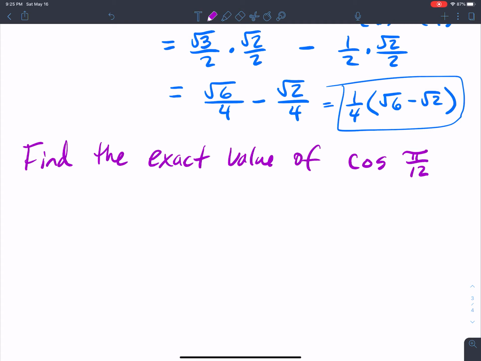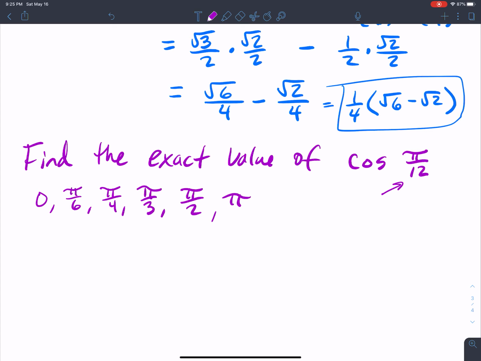We know 0, we know pi over 6, we know pi over 4, we know pi over 3, we know pi over 2. Heck, we know pi, right? So those are values we do know. Or is there any way that we can get it to add to 1 over 12?